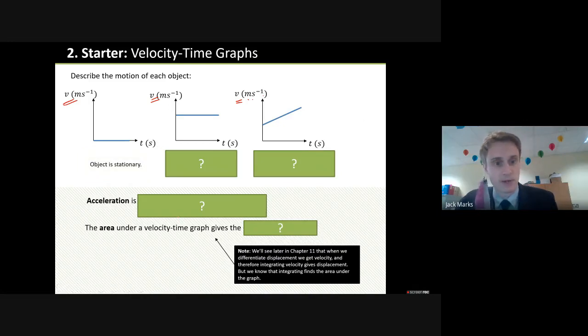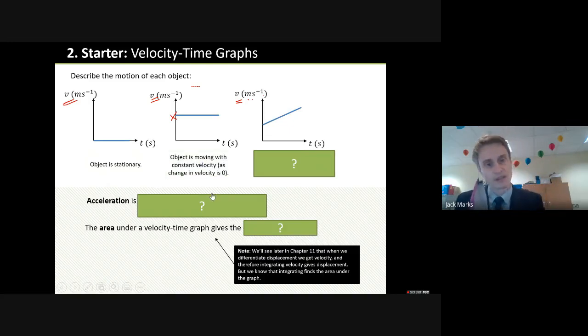The object's stationary. Here, the object has a velocity. That's kind of like a speed, remember? So it's moving, and that movement carries on and carries on. You have a speed, and you keep having a speed. So the thing is moving, but it's moving in a constant way, constant velocity.